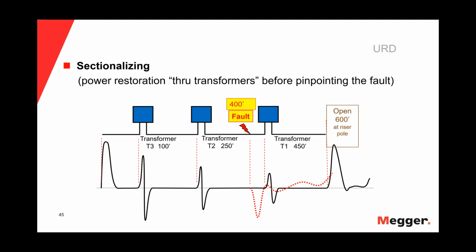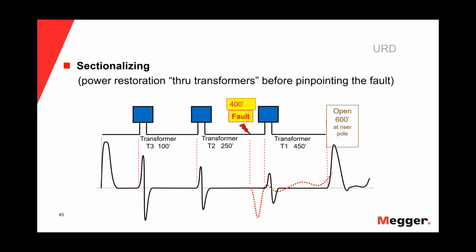You can see the dotted red line represents that second trace. And right where the red V shape is, right where the red trace separates from the black trace, that's the fault location. Even without any distances, at a quick glance, I can tell the fault appears to be between the second and third transformer. Now I can go to that location and verify.